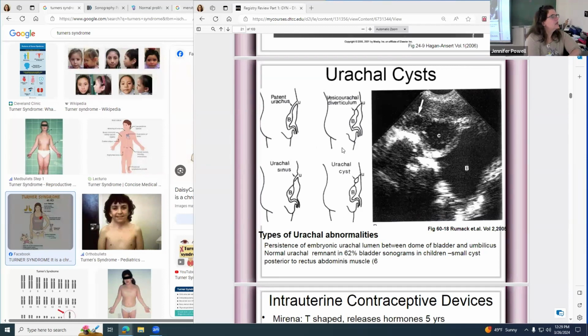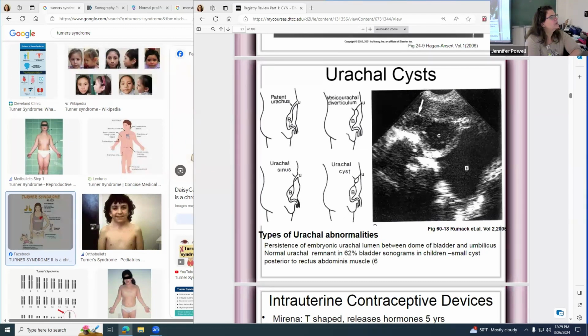So urachal cysts. You can have an opening between the urethra and the umbilicus or belly button. So basically there's a channel that goes from the bladder, and you can actually have urine escaping from the umbilicus.